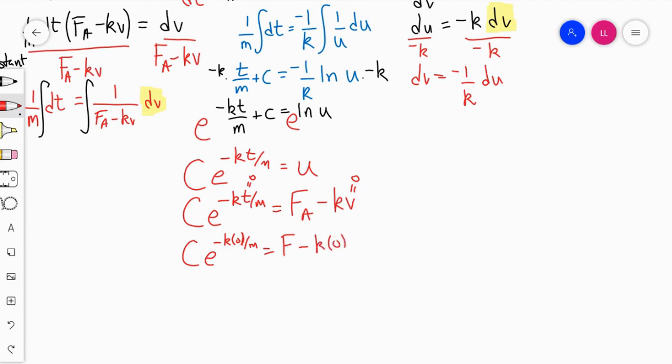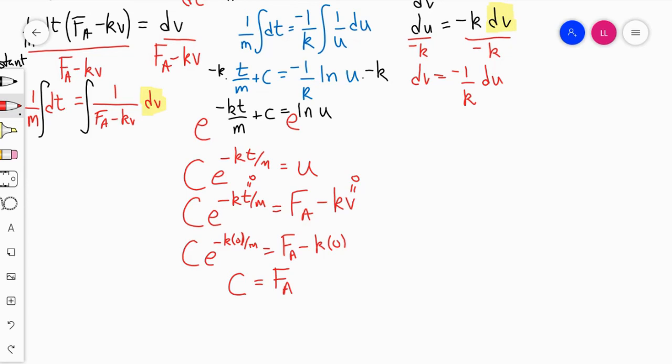And so this whole thing over here is 1. So on the left-hand side, we're just going to have C left over, and on the right-hand side, we're going to have FA, okay? And so now we just plug all that in together and then solve for V.